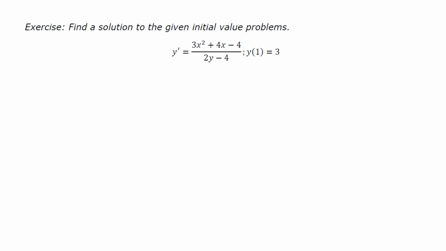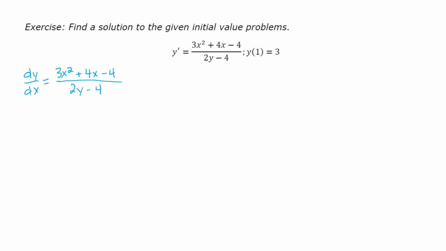Since this is y prime, I know I can rewrite this as dy dx. So let's start off with that. dy dx equals 3x squared plus 4x minus 4 over 2y minus 4. Okay, I'm going to multiply both sides by 2y minus 4 and dx.